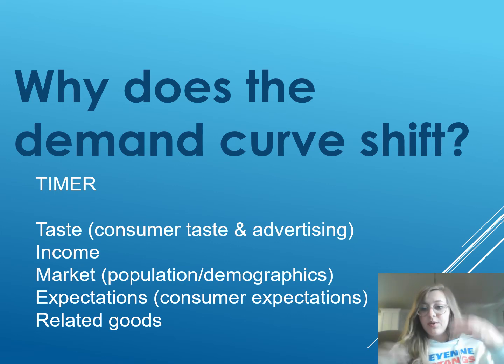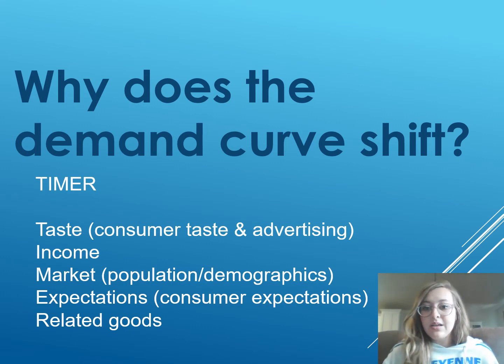Say when college starts back up again, there's this shift in demand because you have more college kids in town. So your bars and restaurants may be more busy. You may sell more ramen noodles. You may sell more mini fridges, right? Like those sorts of things.